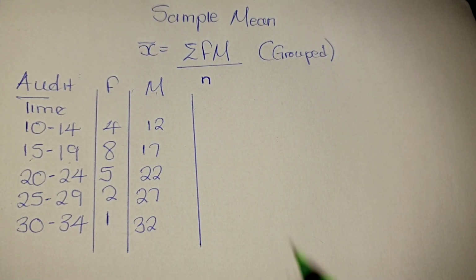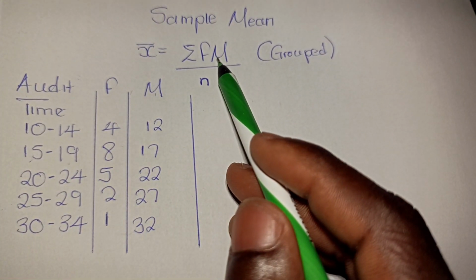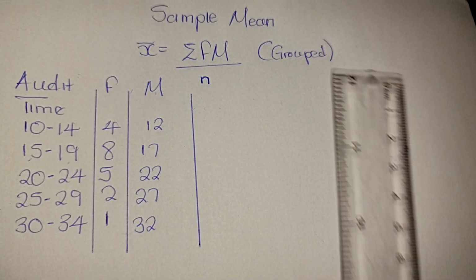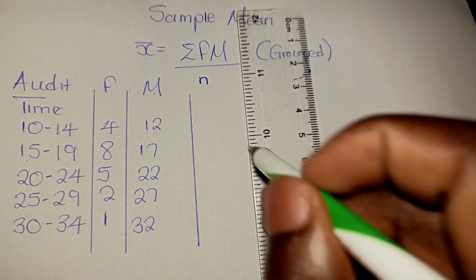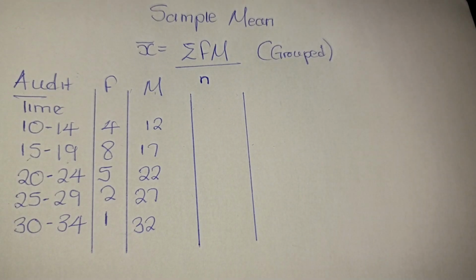Remember, FM comes as a result of multiplication. So we have another column which we will call FM.